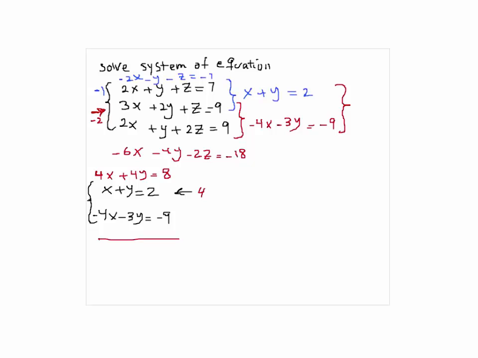If I add these two together, 4x minus 4x adds up to 0. Then here I get 4y minus 3y, which gives me y. Then y is equal to 8 minus 9, which is equal to negative 1.